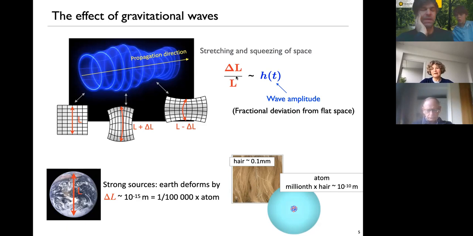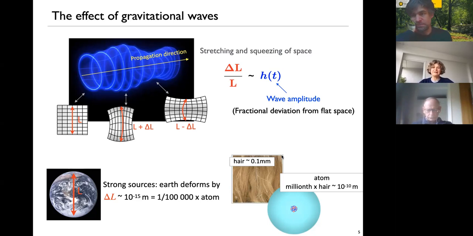So it's incredibly small. Just for comparison, a hair is typically about 0.1 millimeter in size, and an atom is only a millionth of a hair, roughly speaking, and the Earth deforms even much less than an atom. So the effect is really tiny, and that is also a reason why we don't notice gravitational waves, even though they're passing by us all the time.